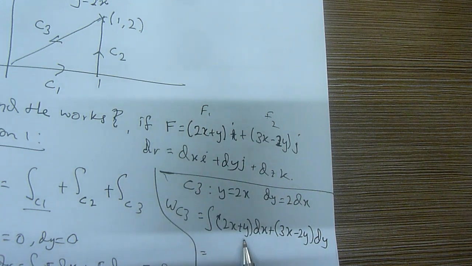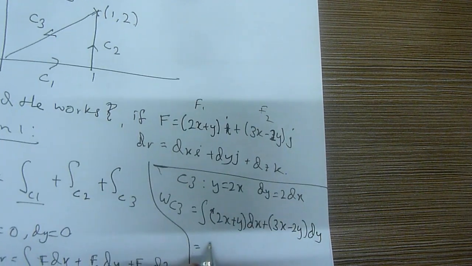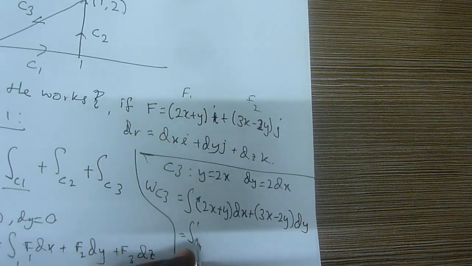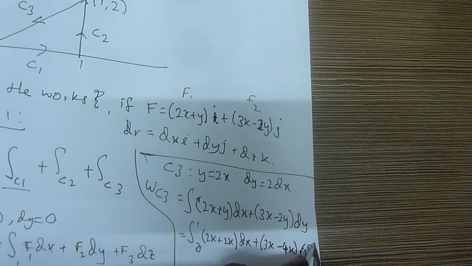This time I'm going to use x base, therefore 1 to 0. I substitute y as 2x in the first term, and plus 3x minus 2y, which is 4x, and dy is 2 dx.